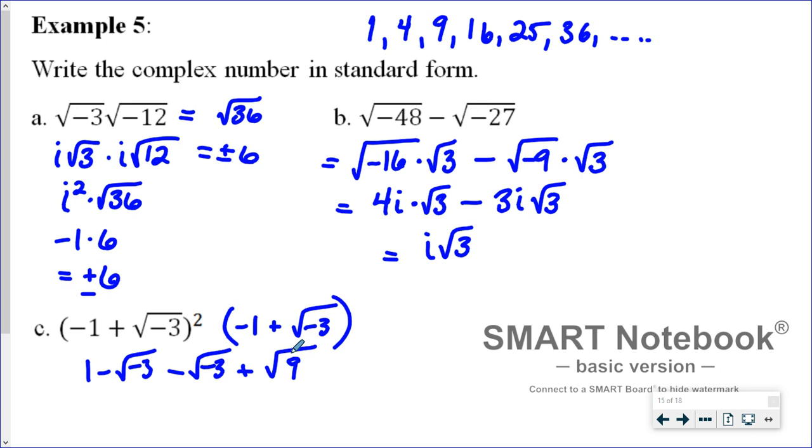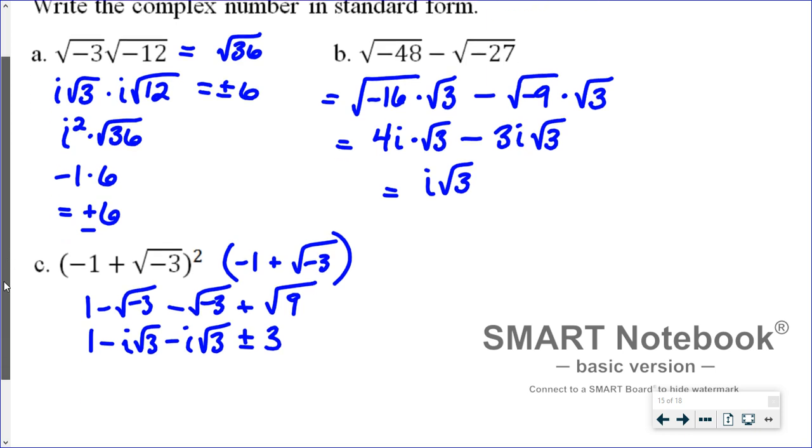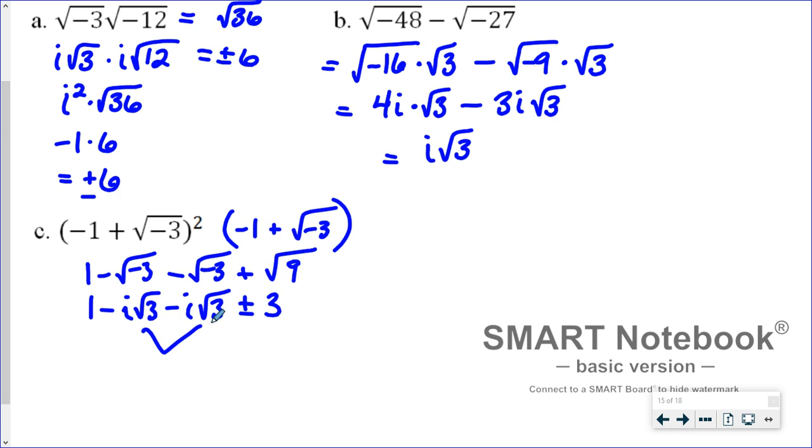All right. Now we do have to be careful here because this is going to be plus or minus 3, right? And essentially we have 1 minus i times the square root of 3 minus i times the square root of 3. All right. And then we're going to have plus or minus 3 here. So here we're going to get minus 2i square roots of 3, right?